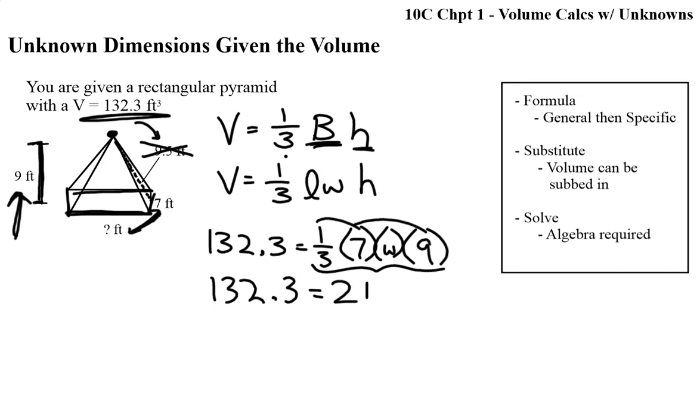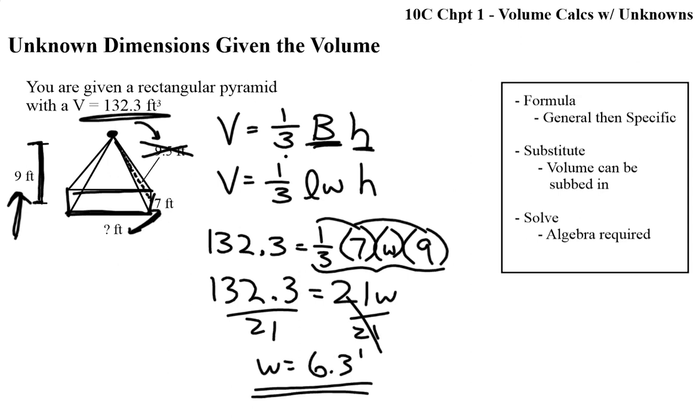That leaves us with 21W. At that point, divide by 21, and we get 132.3 divided by the 21, and we get a width of 6.3 feet. There's the width of our rectangular pyramid.